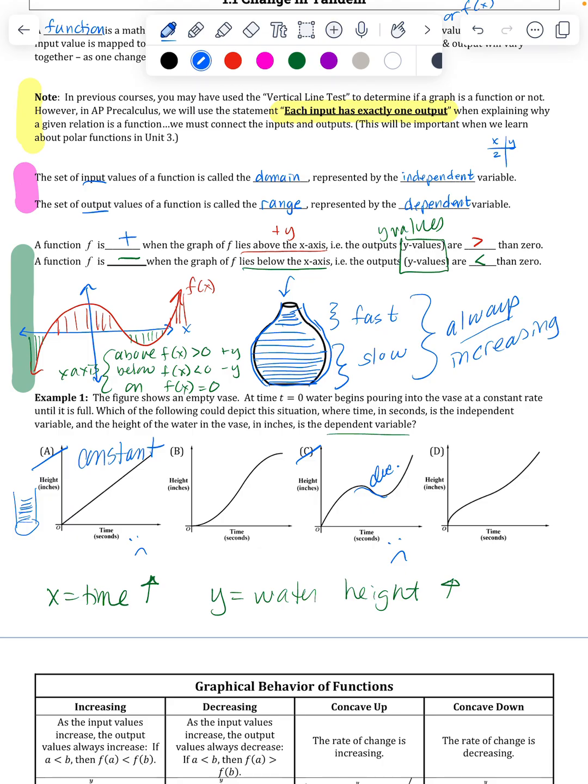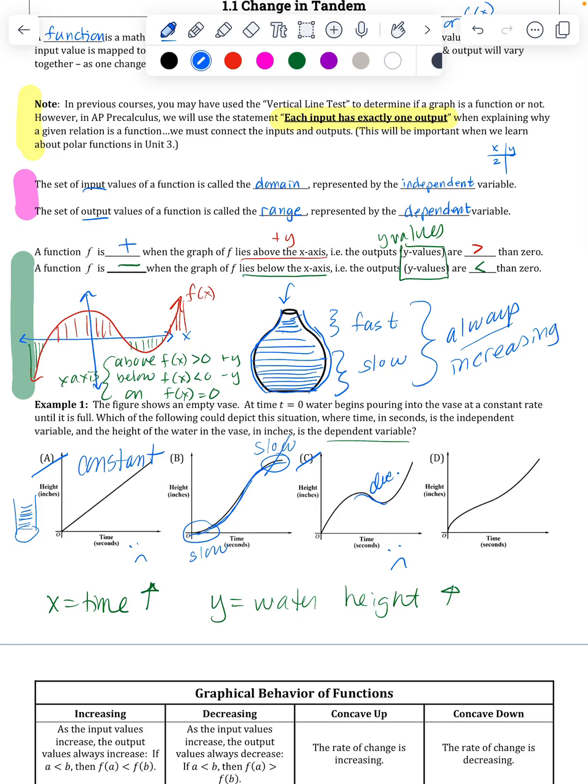Here, this is showing very slow at first, and then it's showing faster, and then it's showing slower growth. So this one is kind of slow here, meaning it's not increasing very quickly. Then it does increase quickly, but it's slow again at the end. And we know that at the end, meaning the top of the vase, that part wouldn't happen. So this part here is helping me eliminate option B.